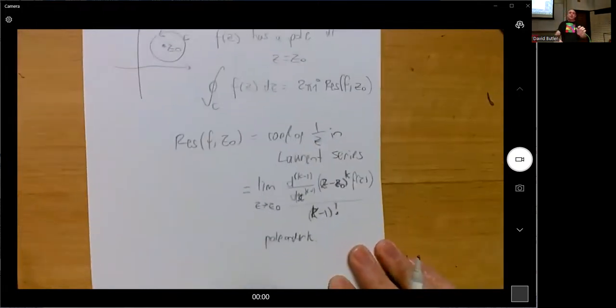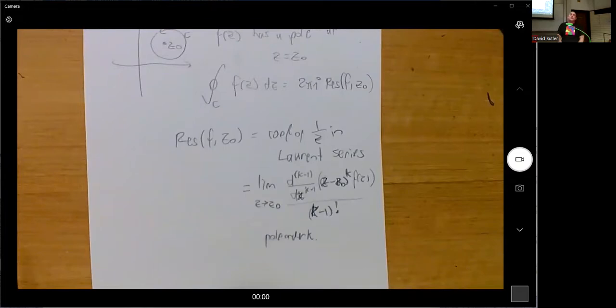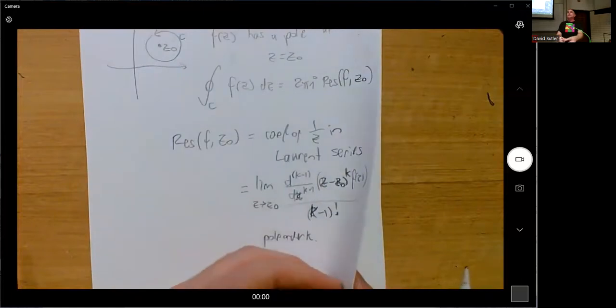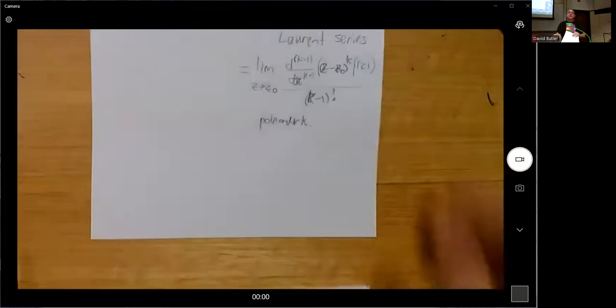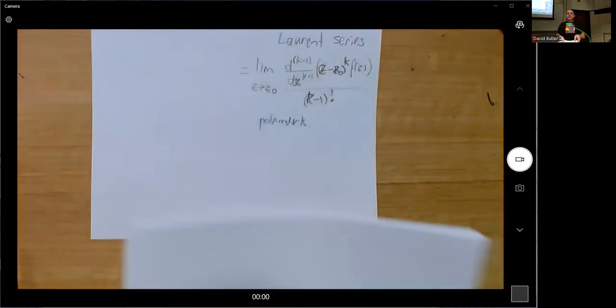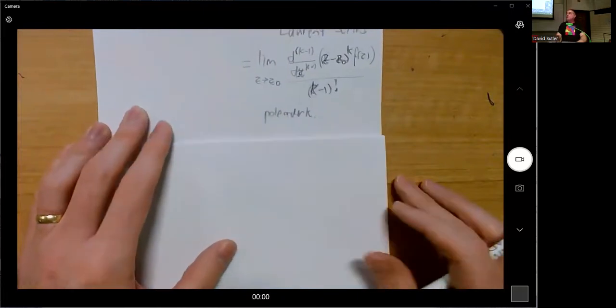And so you can either write your function as a Laurent series and pick out that coefficient, or you can do these derivatives. So I don't know. It depends, I reckon. So if your function is built from e to the power of stuff, then you have a chance, right?